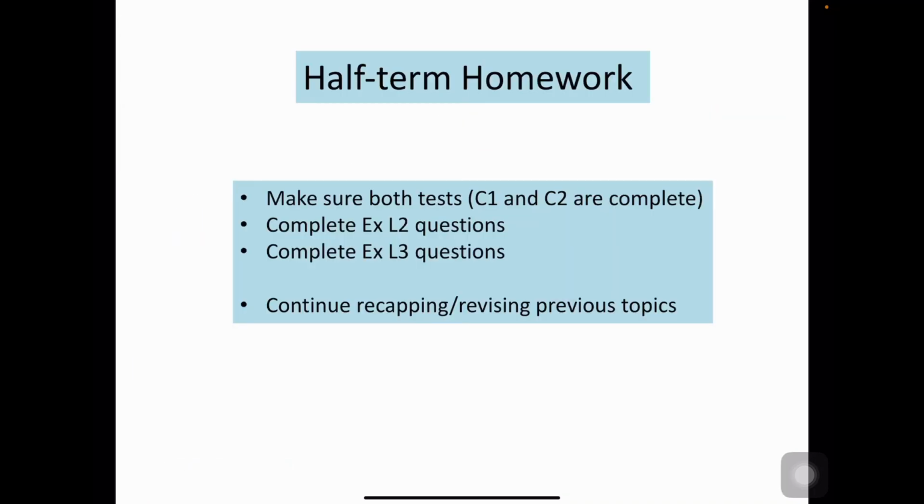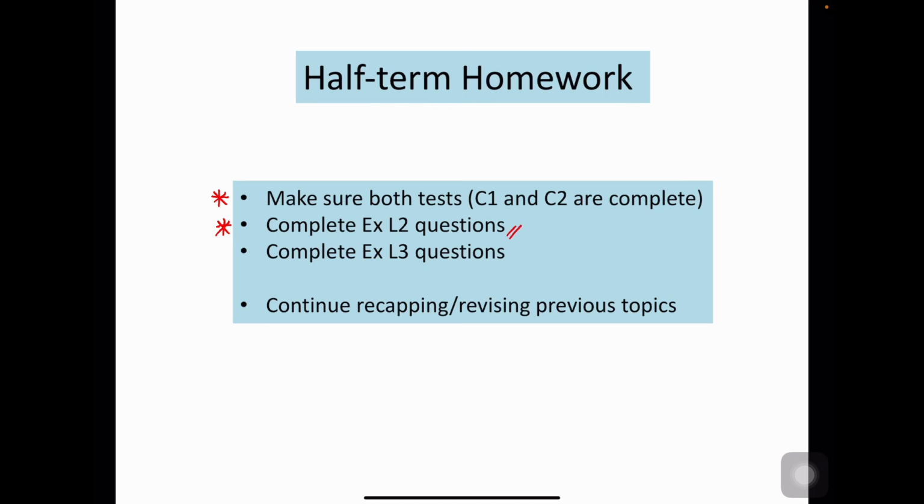In terms of your half-term homework, firstly, make sure that both tests are complete. So tests C1 and C2, the 2 coordinate geometry tests, are both complete. Secondly, complete the exercise level 2 questions. So I expect you to do at least 3 questions in today's lesson, but during the half term I'd like you to complete the exercise level 2 questions.